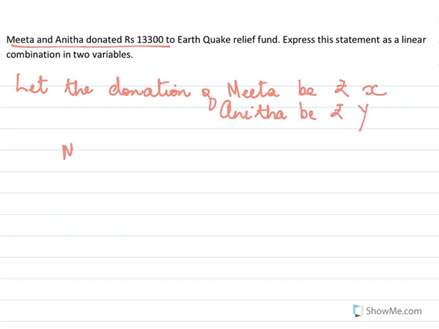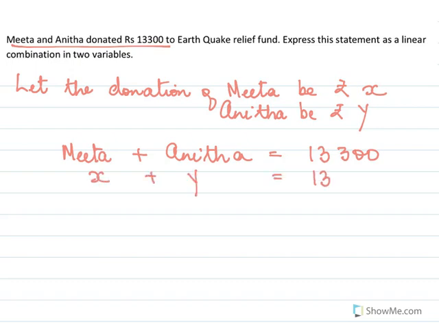Now according to this condition, they say Meeta plus Anita together donated 13,300. So Meeta was X and Anita was Y equal to 13,300. So this is the equation X plus Y equal to 13,300.